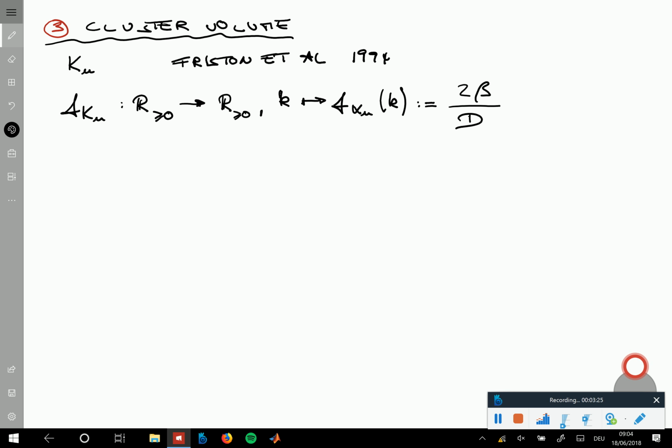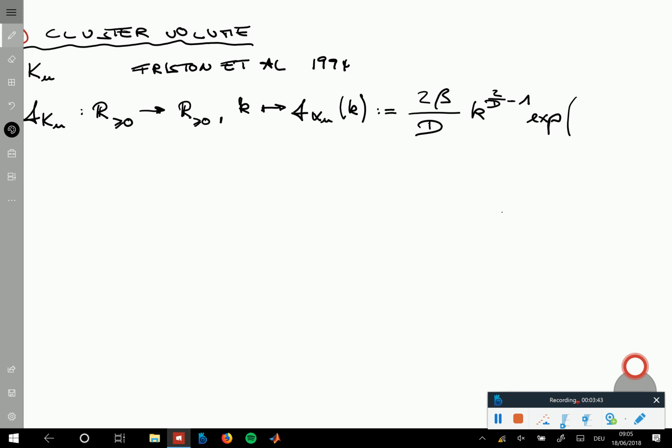D is the dimensionality of the search space, so in 3D volumes usually 3. Then it's dependent on the value k to the power of 2d minus 1 times the exponential of minus beta k to the power of 2d.